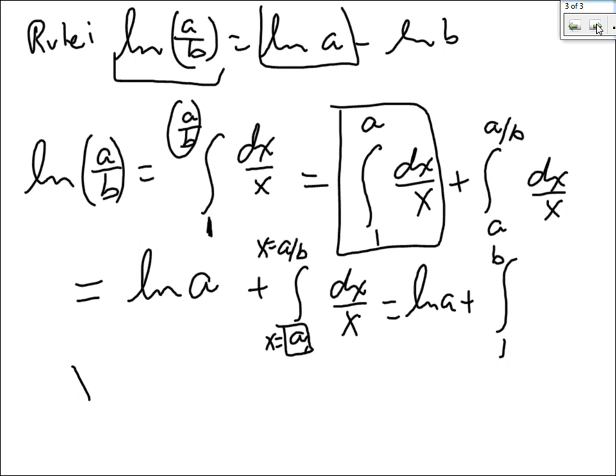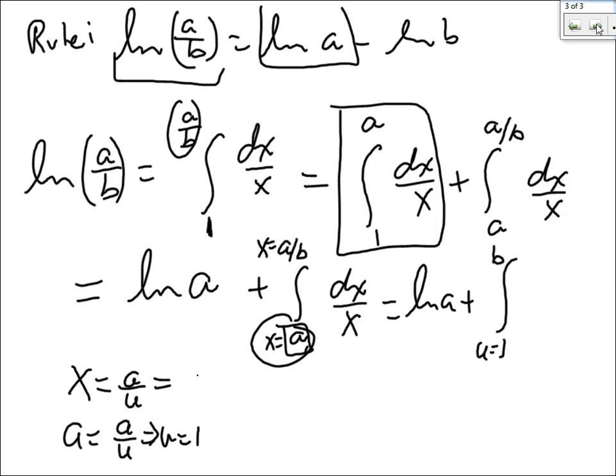Well, if I let x equal a over u, if x is a, that happens when u is 1, since a over 1 is a. And if x is a over b, then let u become b. If u was b, this would be a over b equals a over b.